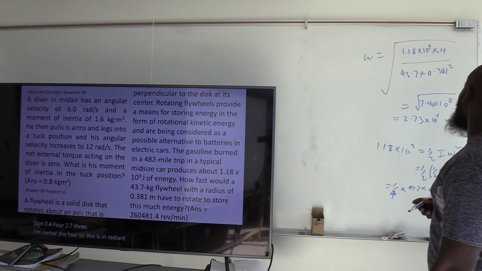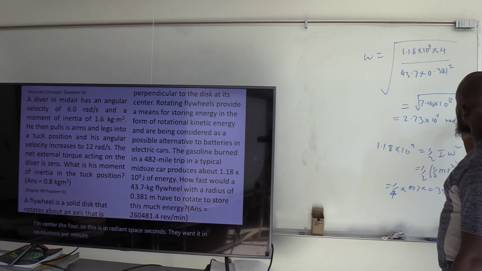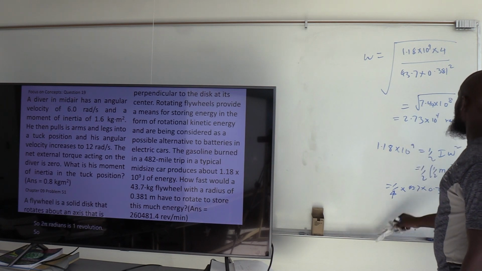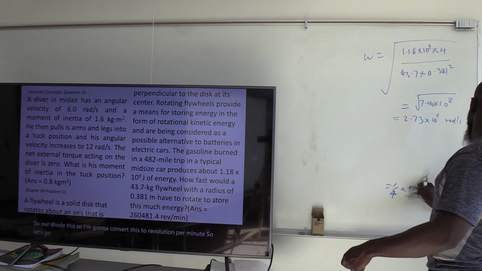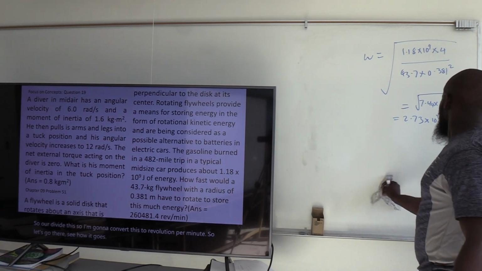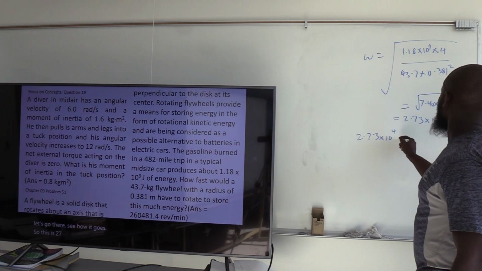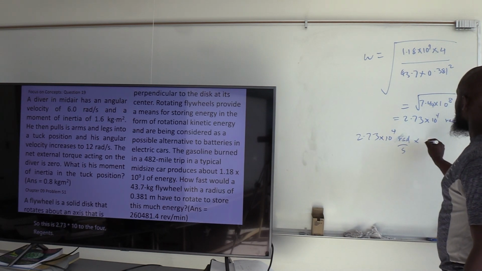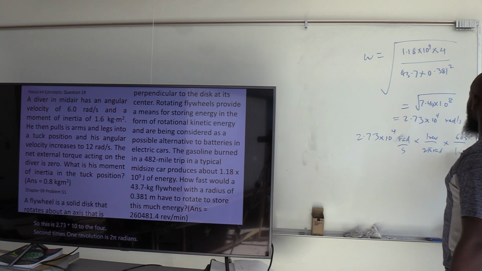They want it in revolutions per minute. So 2 pi radians is 1 revolution. So I'm going to convert this to revolutions per minute. So this is 2.73 times 10 to the 4 radians over second times 1 revolution is 2 pi radians times 60 seconds is 1 minute.